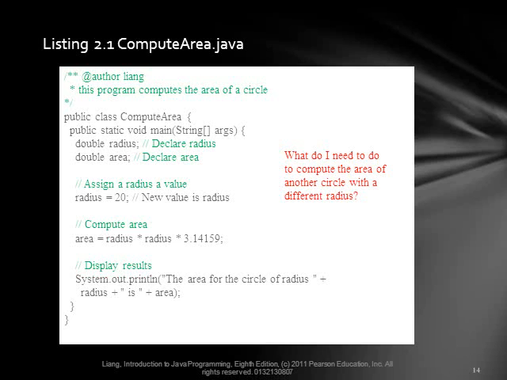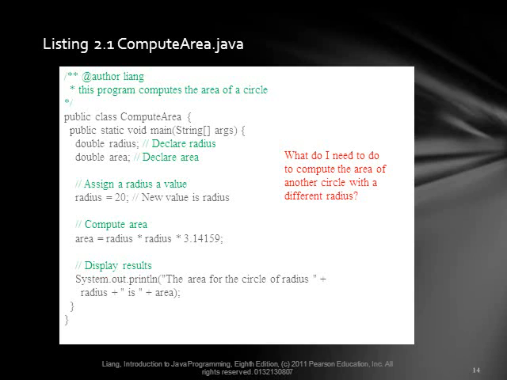Okay, here's a look at the complete program again, with some of the comments added back in. But what do I do if I want to calculate the area of a circle with a different radius? Well, I could open up the program in TextPad and change the value of radius from 20 to some new value, 30, 22, whatever.